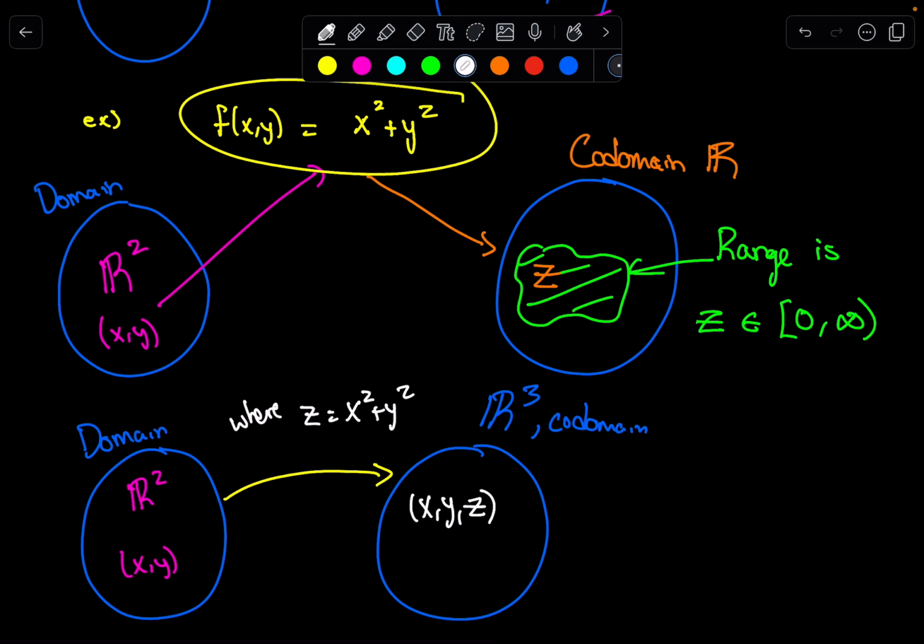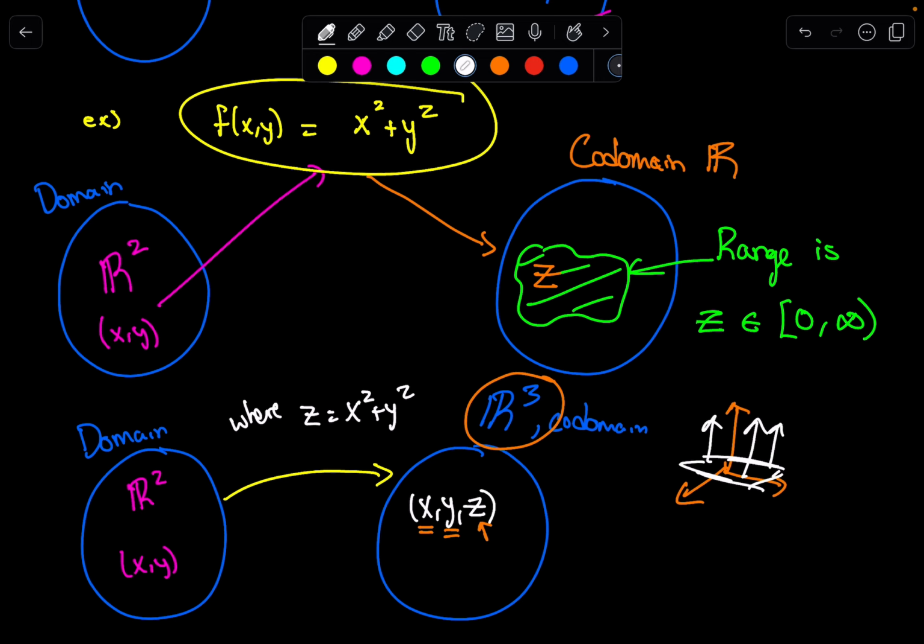And what kind of possible points could we get? Well, this would be like the upper half of 3D space. Because we're going to get any x, any y, but these z values can only be positive. So if you think of our codomain being all of R3, looking like this, then the range is everything in the XY plane and above.